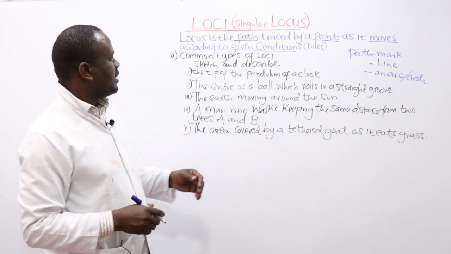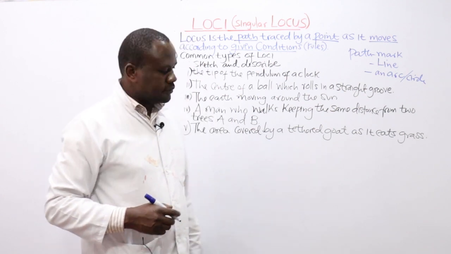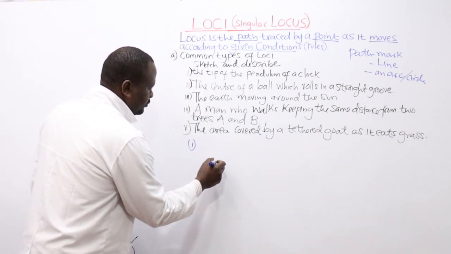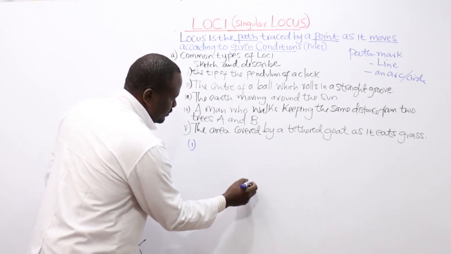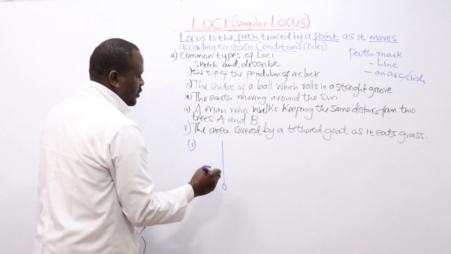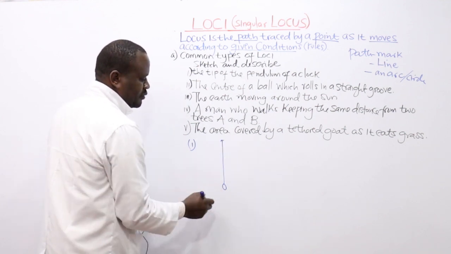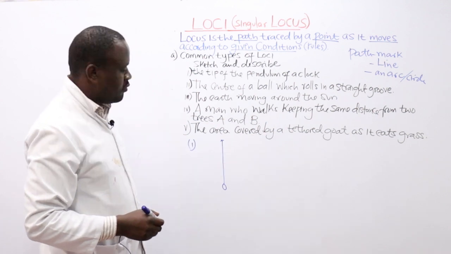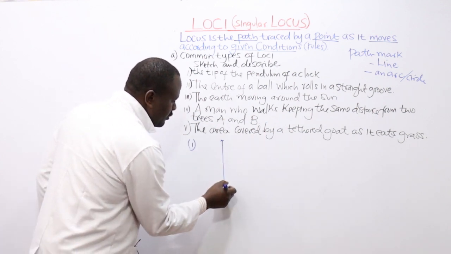The tip of the pendulum of a clock. You know, the pendulum of a clock, you have something like this. Now, it keeps moving back and forth, to and fro. So it will have to go all the way up.